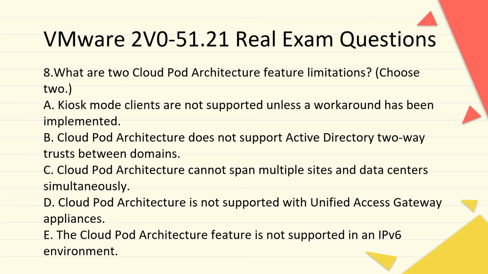C. Cloud pod architecture cannot span multiple sites and data centers simultaneously. D. Cloud pod architecture is not supported with unified access gateway appliances. E. The cloud pod architecture feature is not supported in an IPv6 environment.